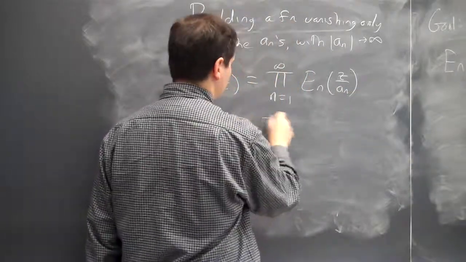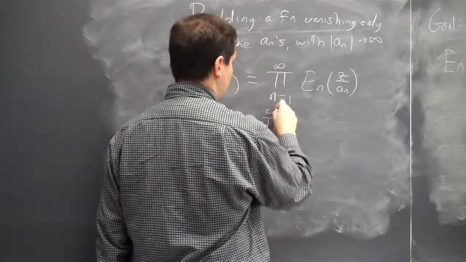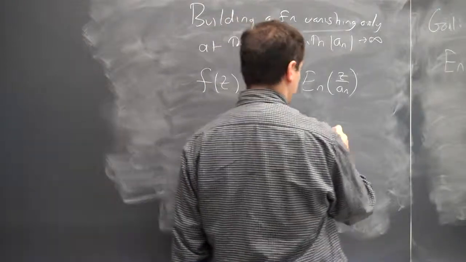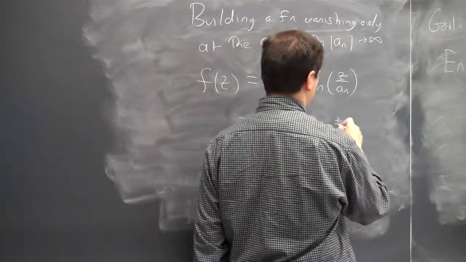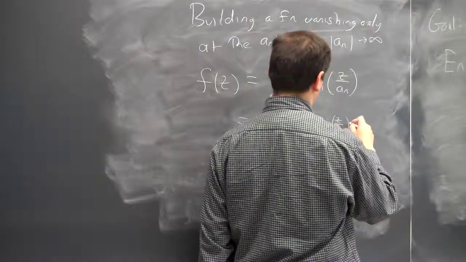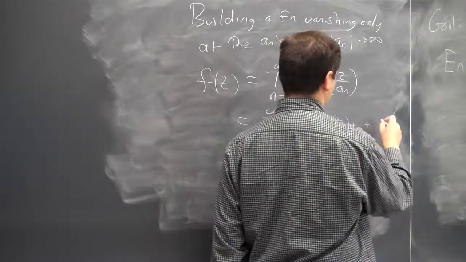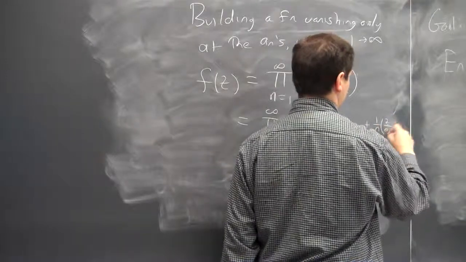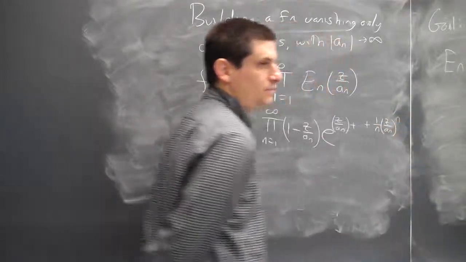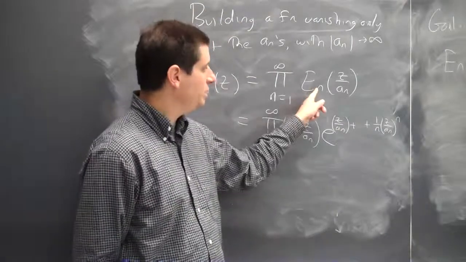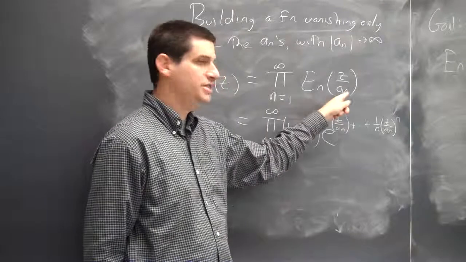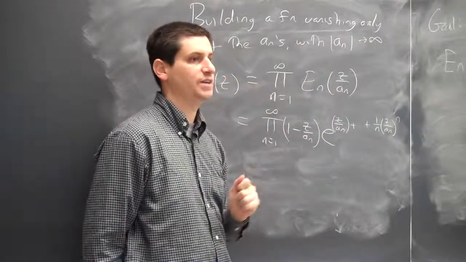Just writing this out explicitly, the product n goes from 1 to infinity of 1 minus z over a_n times e to the z over a_n plus dot dot dot plus 1 over n times z over a_n to the n. So notice that what I'm doing is I'm using the Weierstrass factors, and for each zero, I take the next largest Weierstrass factor.